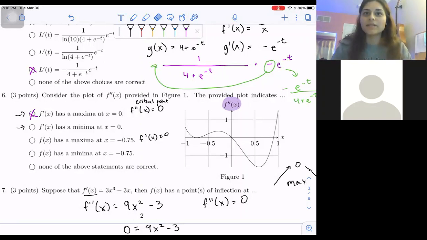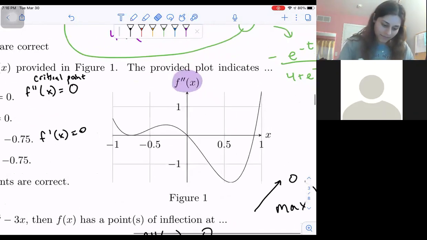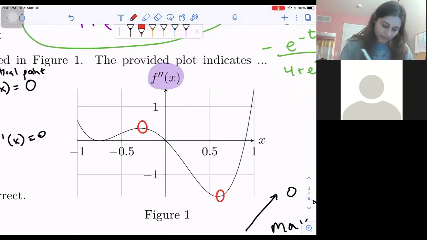And then why wouldn't those points be the critical points of f double prime x? The critical points of f double prime x are the maximums and minimums, right? So that would be here, here, here.